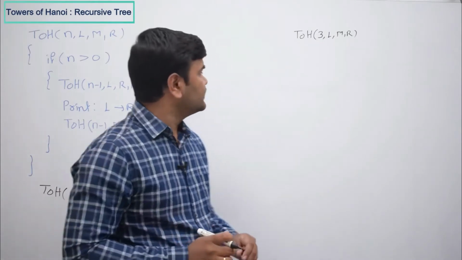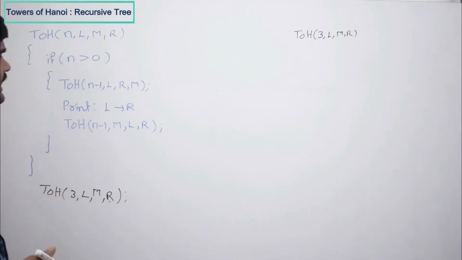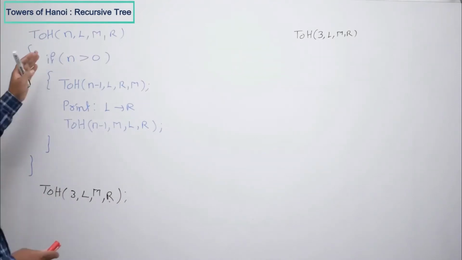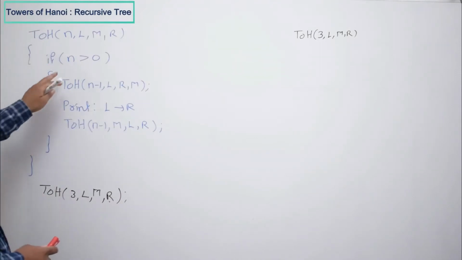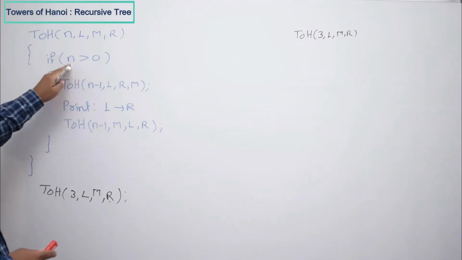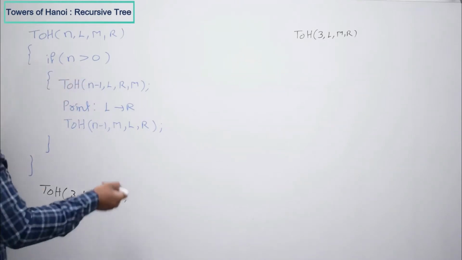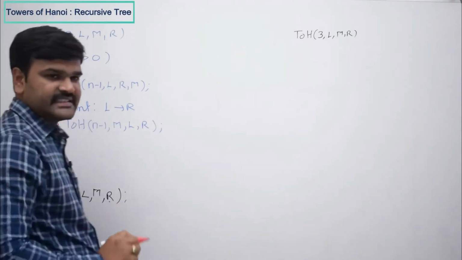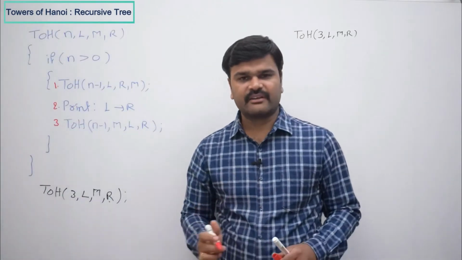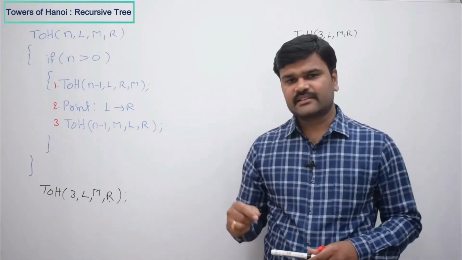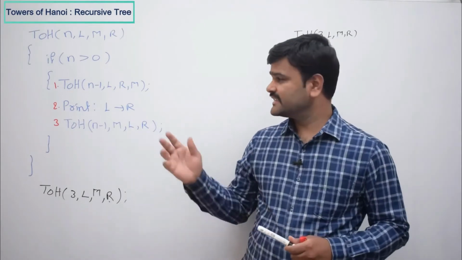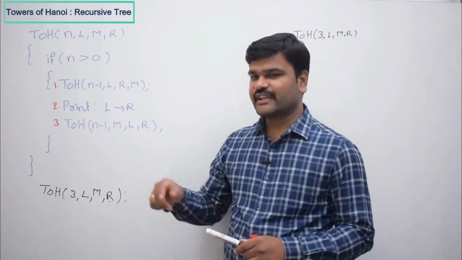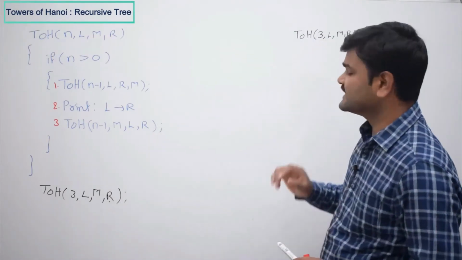Okay. So now if you observe the recursive code, whenever this condition is true, you have to execute these three lines 1, 2, 3 sequentially. So one by one we have to execute. Let us see whether the condition is true for this function call. Here the n value is 3, that means 3 disks are there.